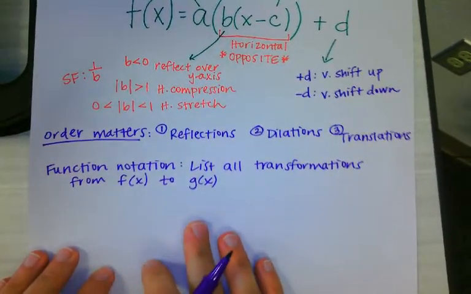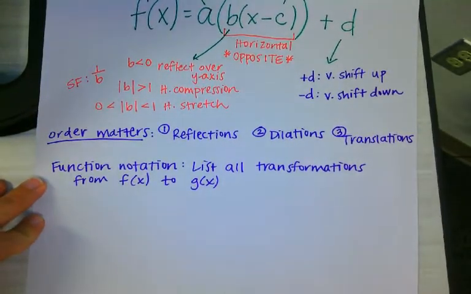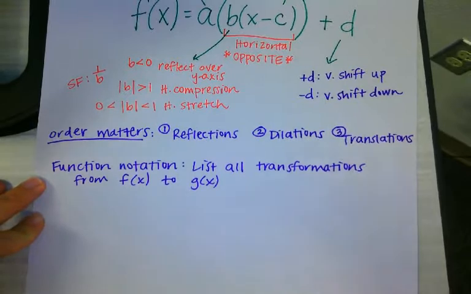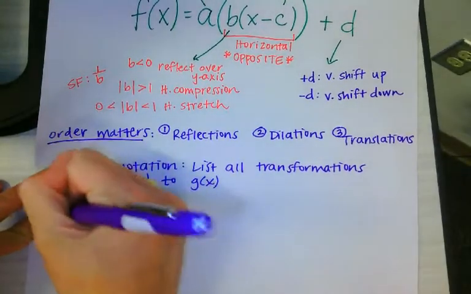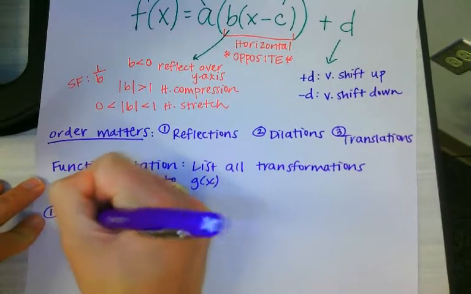So on these two examples we're going to do of this type, I'm not going to tell you what type of function it is. You're not going to know if it's a square root or quadratic. It doesn't matter.